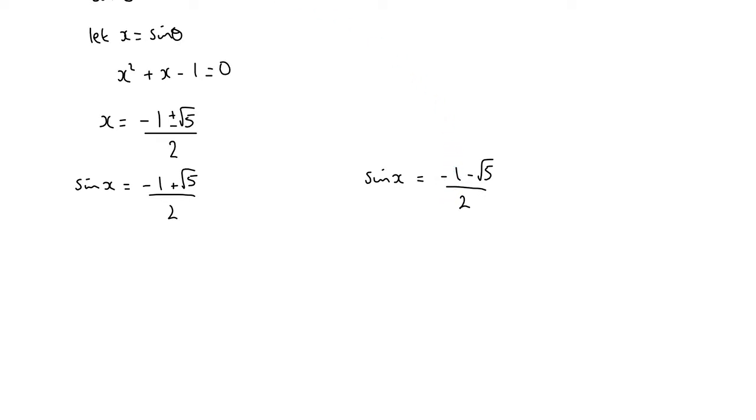If we draw out the sine graph, and try and do the inverse sine of minus 1 minus root 5 over 2, then we get an error.